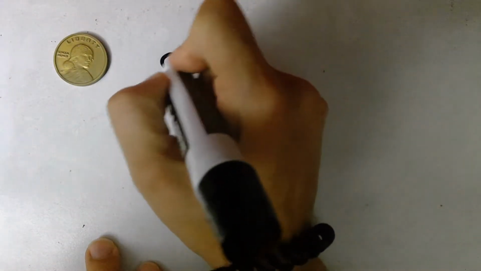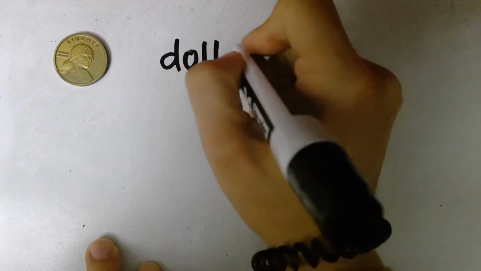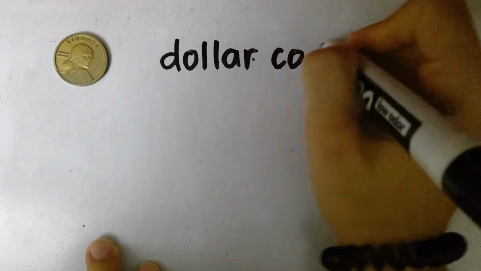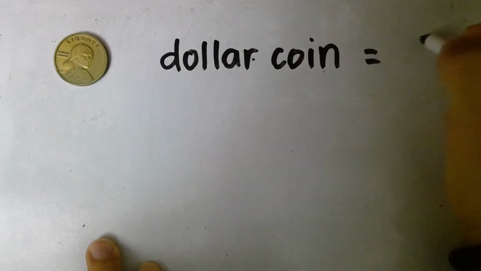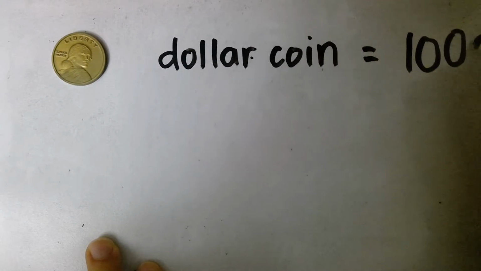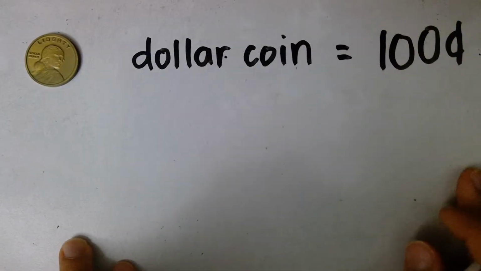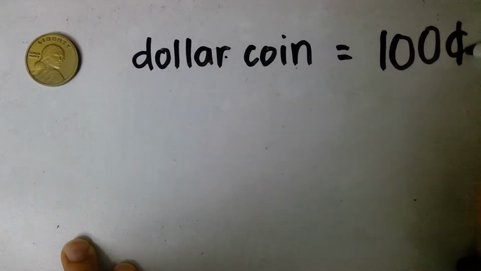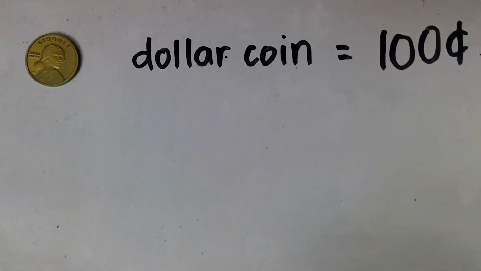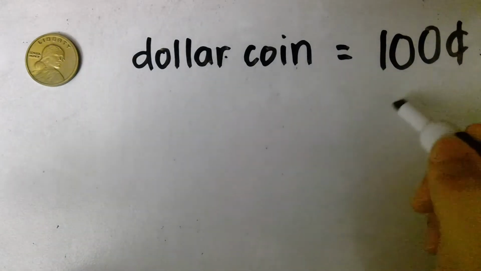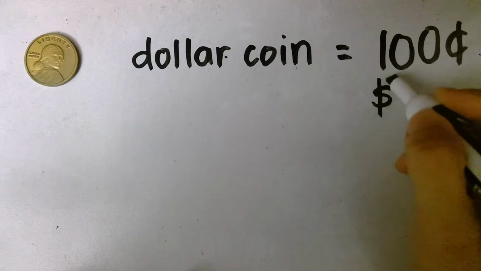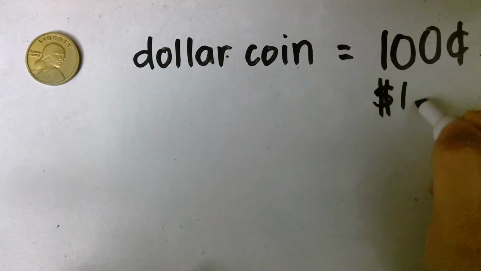Or how many cents is $1? Good. 100 cents. So that is how you write 100 cents. If I was talking about it just as $1, I would write the dollar sign before 100.